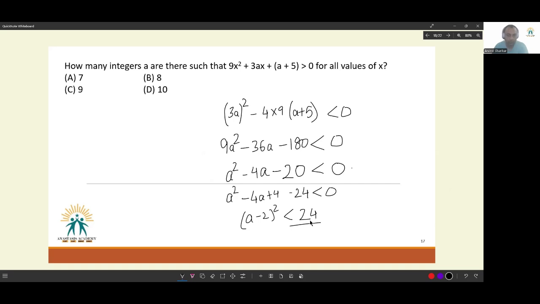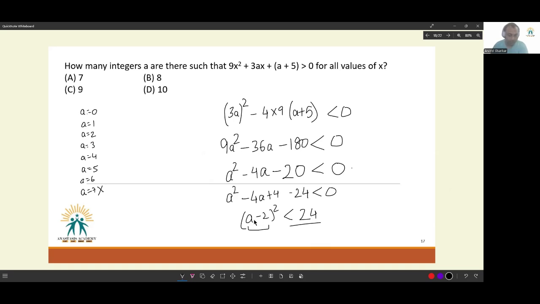A minus 2 whole square should be less than 24, which now will give me acceptable values of a. Let's see, a being equal to 0 works, a being equal to 1 works, a being equal to 2 works, a being equal to 3 works, a being equal to 4 works, a being equal to 5 works, a being equal to 6 works, a being equal to 7 does not work.